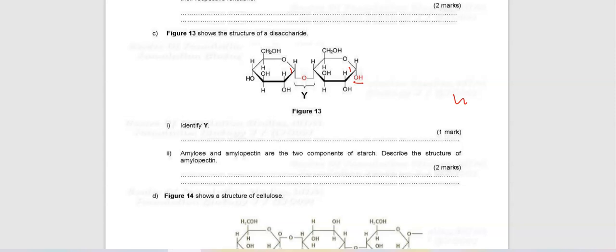So the first monomer here is alpha glucose. The second is also alpha glucose. For the second alpha glucose, the carbon starts here: carbon number 1, number 2, number 3, number 4, number 5, number 6.